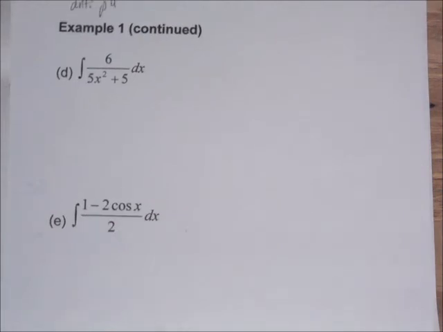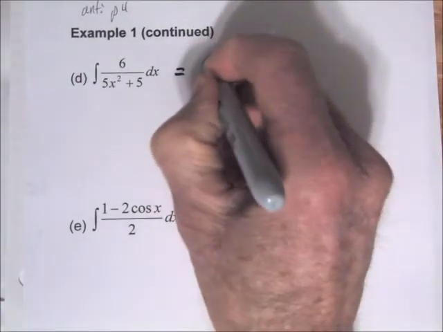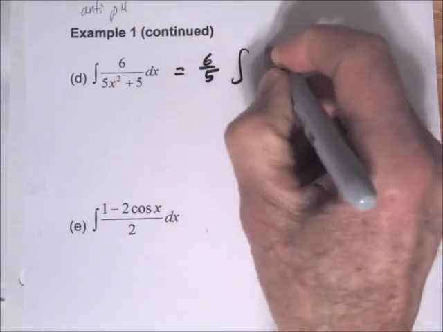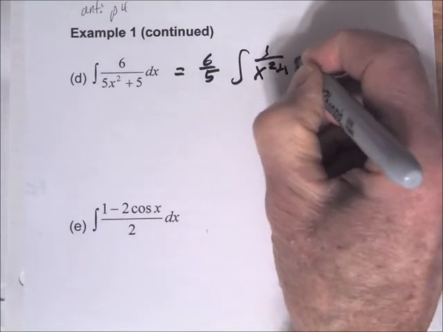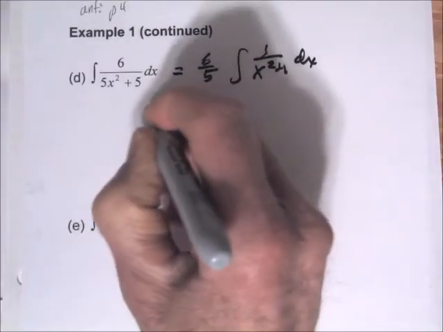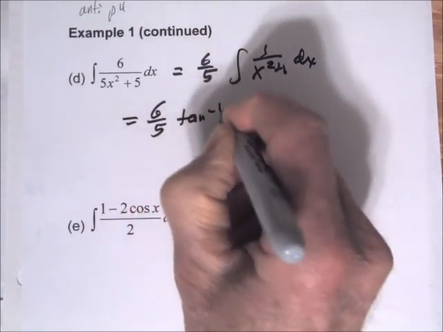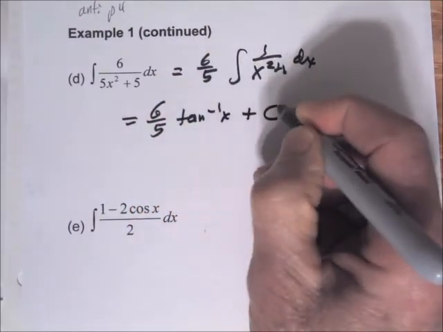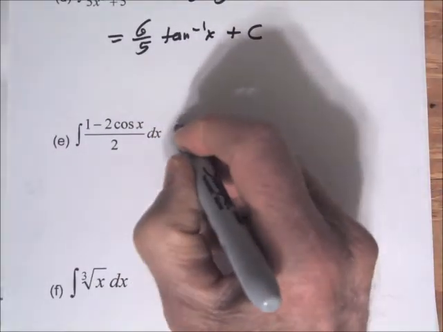This one, if we factor out the 6 over 5, is 6 over 5 times the antiderivative of 1 over x squared plus 1 dx, and this is just the inverse tangent. It's 6 over 5 tangent inverse x plus a constant. This one we can distribute the denominator.